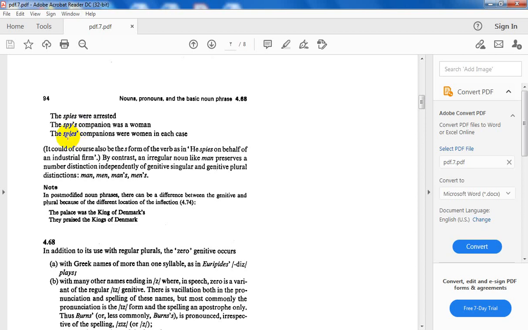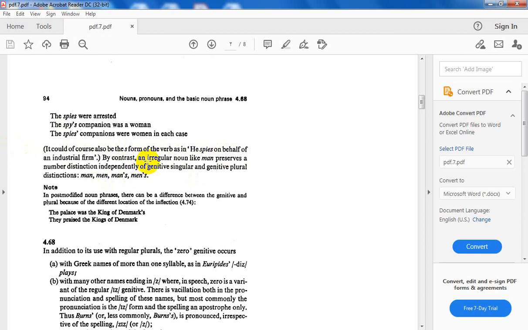So if you have a plural noun and you want to make the genitive case for it, just add the apostrophe. طبعا هذه regular plural, by the way. It could of course also be this S form of the verb, as in he spies. You see the same pronunciation.